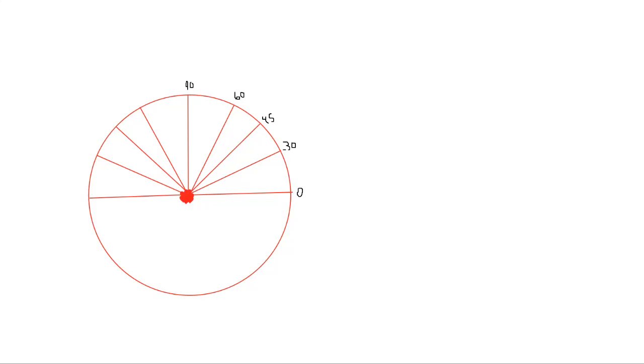So let's see. I know that this point here is straight across from this point here. So let me just put some dots there so you can see what's going on. Since between 60 and 90 is 30 degrees, and I know I have 30 degrees between those 2 points, this has to be 120 because 90 plus 30 would be 120.